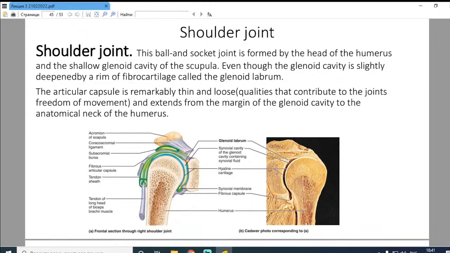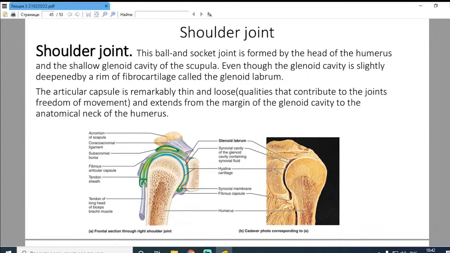Even so, the glenoid cavity is slightly deepened by a rim of fibrocartilage called, what you see, the glenoid labrum. Glenoid labrum.